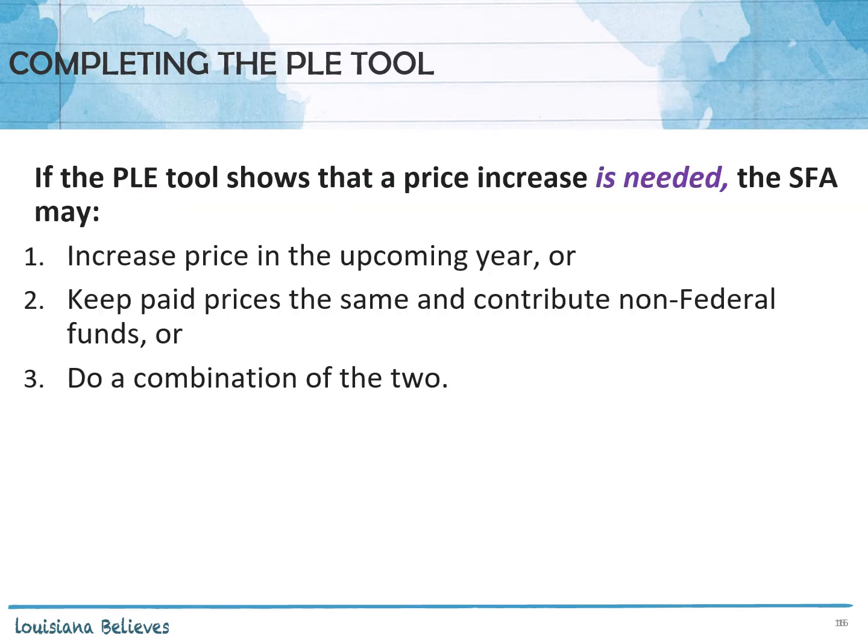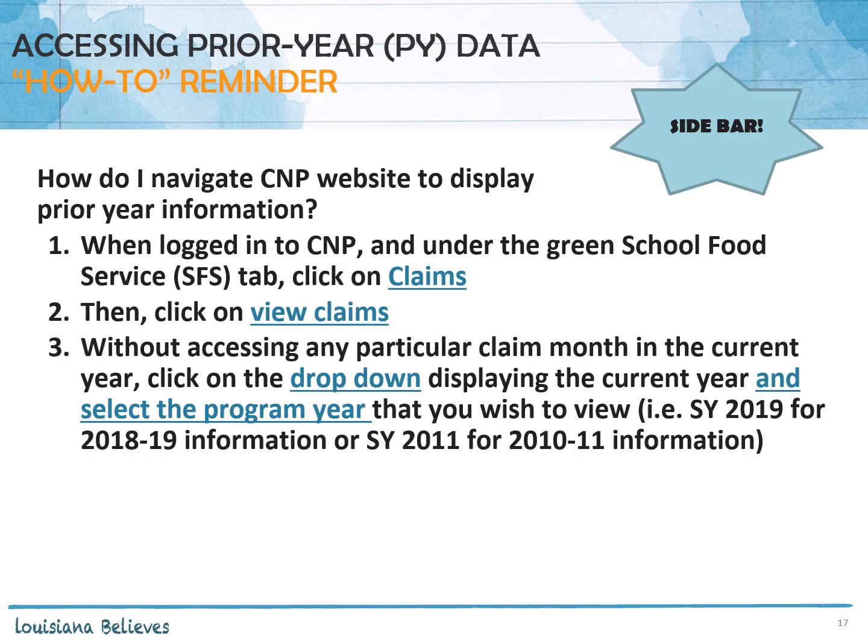If the PLE tool shows that a price increase is needed, the SFA may do one of the following. Number 1, increase the price in the upcoming year. Number 2, keep paid prices the same and contribute non-federal funds. Or number 3, do a combination of the two.